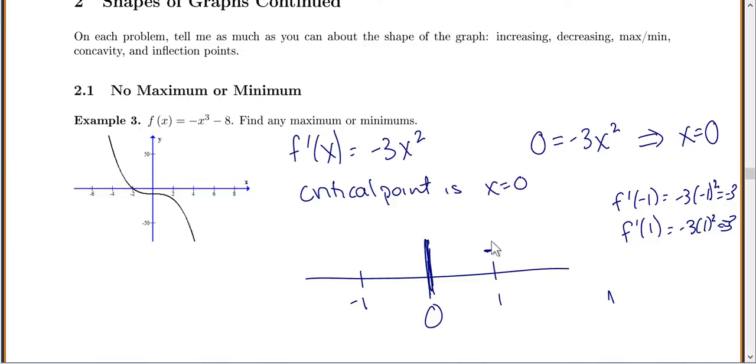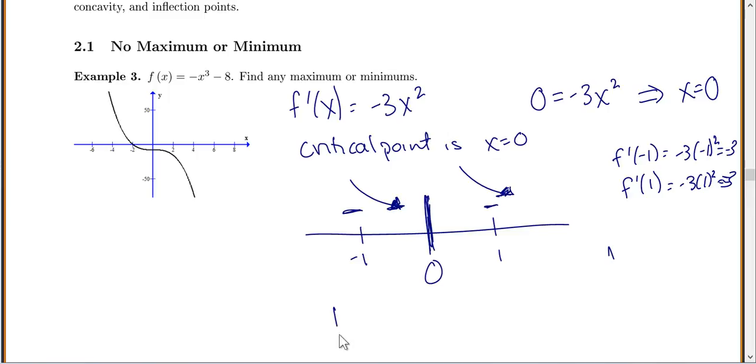So either way, this is negative and this is negative, so we're going down, and then we're also going down. That's kind of interesting, right? We haven't actually looked at anything like that. So we're actually decreasing for x less than 0 and x greater than 0.